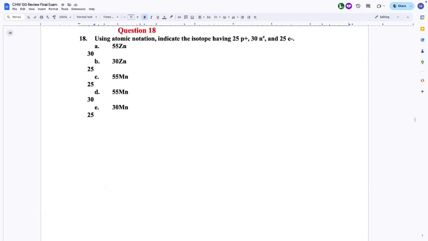So first and foremost, we've got a giant mess happening within the individual answer choices. So let's try and fix that first. This is A, 55 30 zinc. It's 30, whoops, not a slash. As I do this, is this more clear? Do you see what I'm doing now?